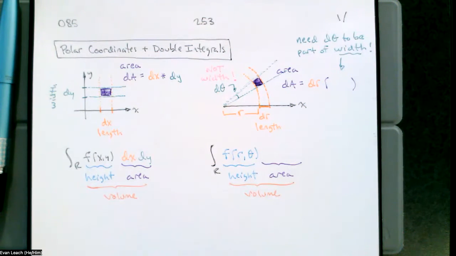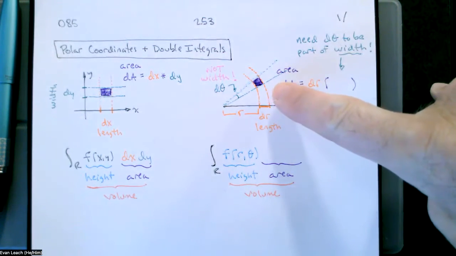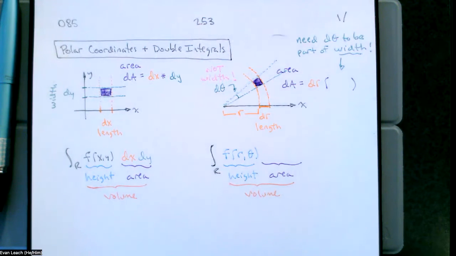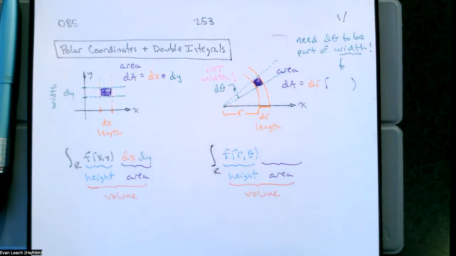So there's one thing that we want to maybe notice, but that we want to not worry about. First of all, this little purple box that I've drawn here, you might notice that it has a curved side. So it's not quite a rectangle. And that may bother some of you. But remember, this is calculus and we're looking at things that are very, very small. And if we look really close, it's not that curved.